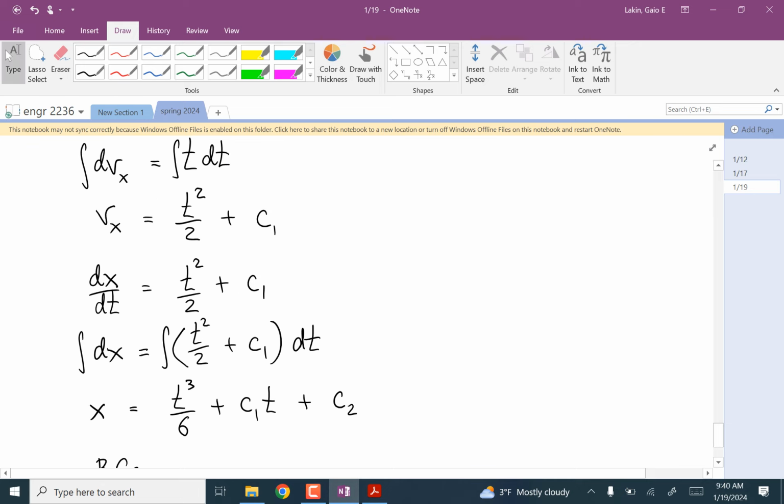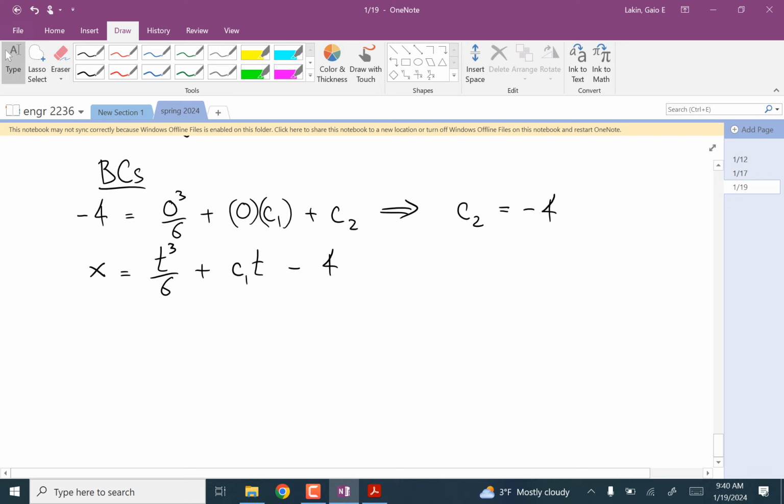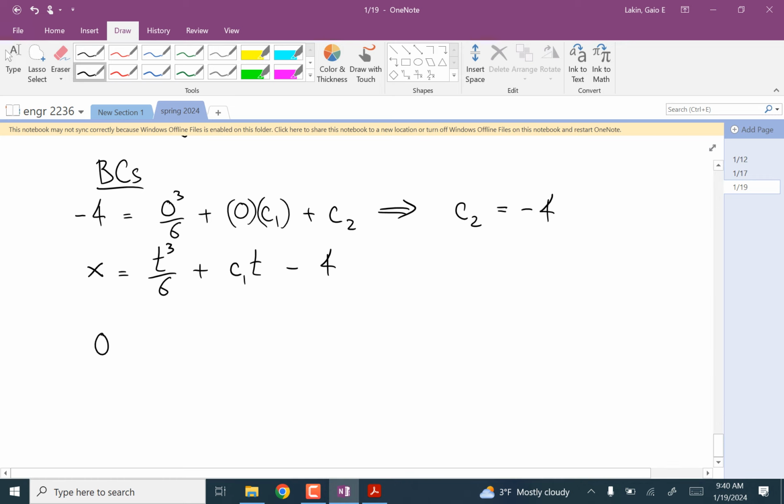And now I'll use the second boundary condition that says when time is equal to 1, x is equal to 0. So now I'll go 0 is equal to 1 cubed over 6 plus c1 minus 4.